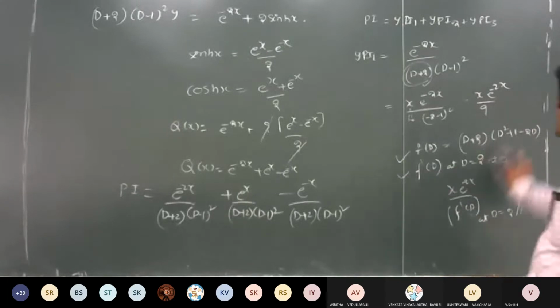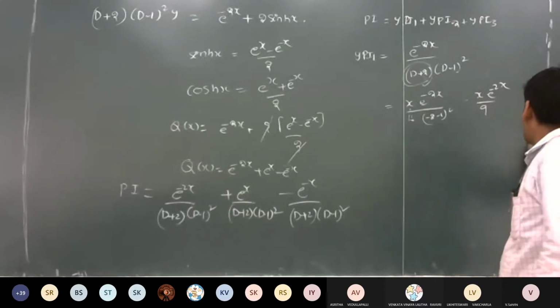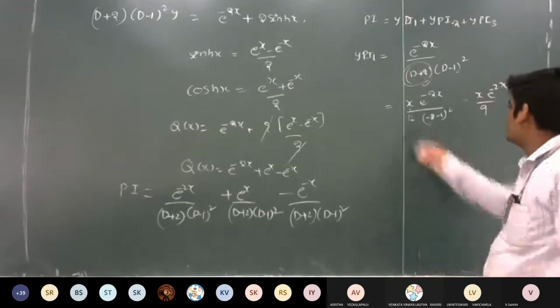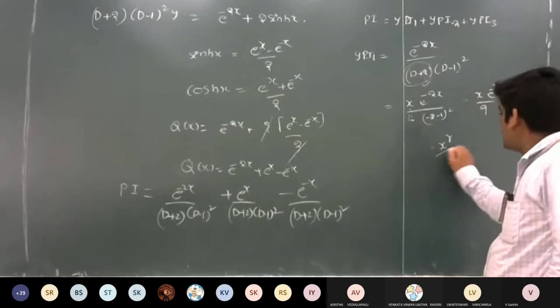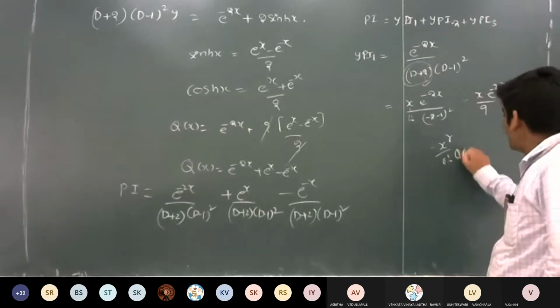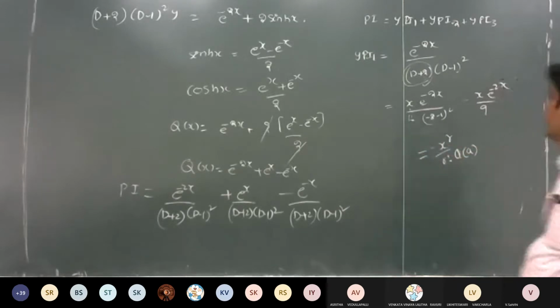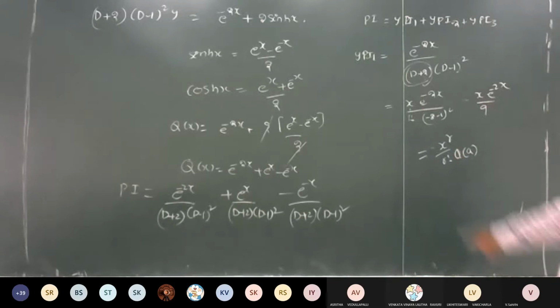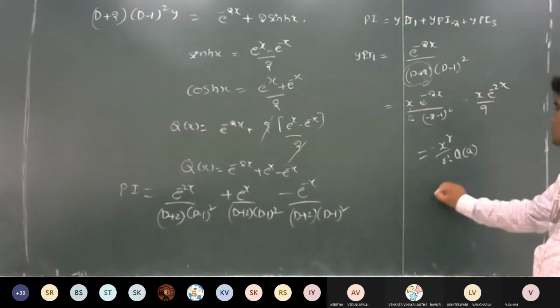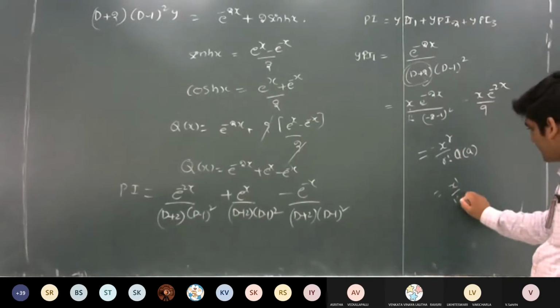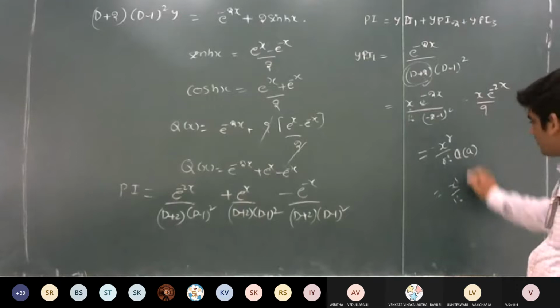So here the formula is x power r by r factorial into phi of a. Here the root is repeated one time, so x power 1 by 1 factorial into phi of a.